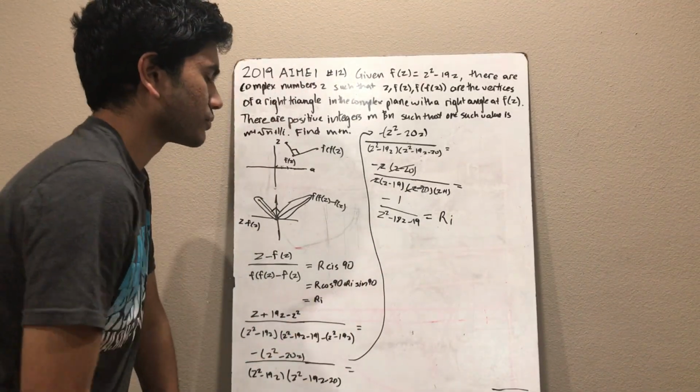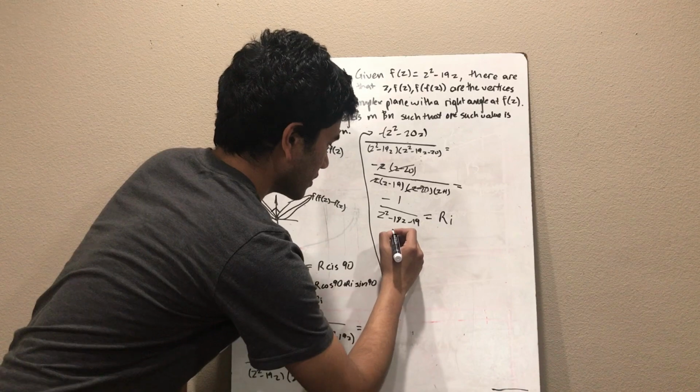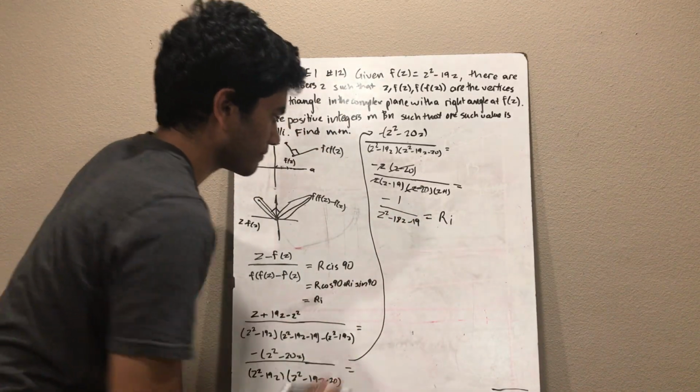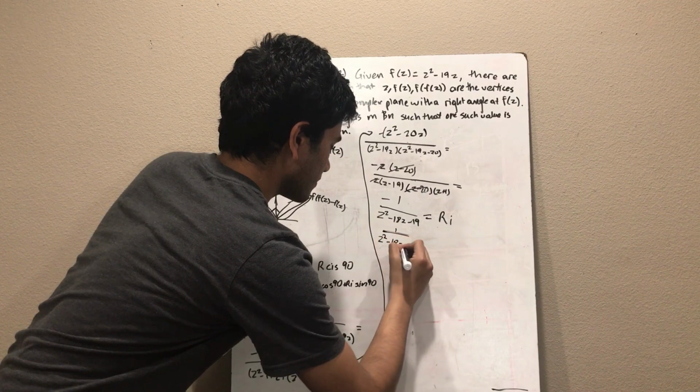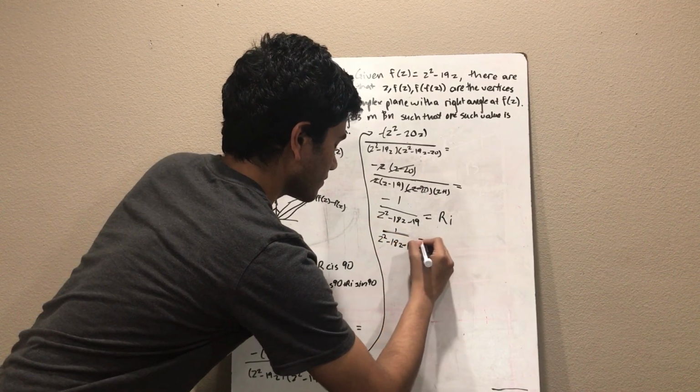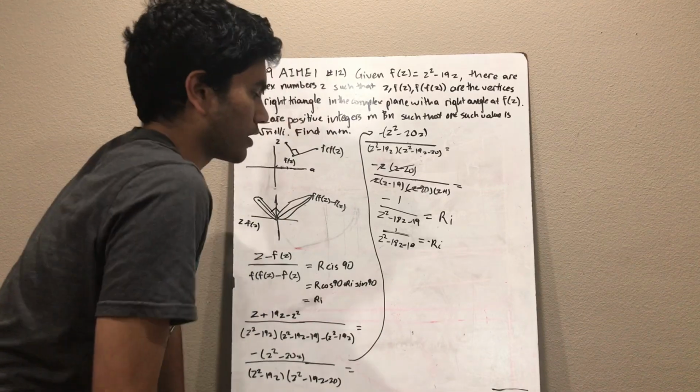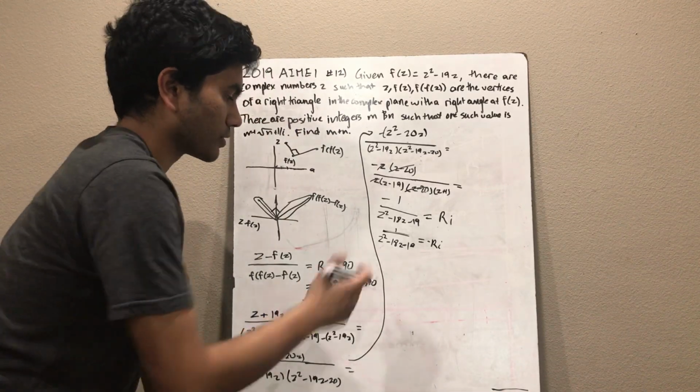So what we're going to do is divide both sides by negative 1, and take the reciprocal of it.